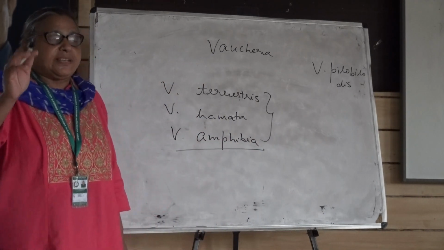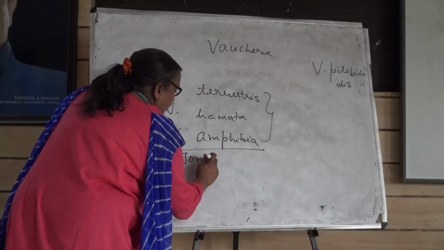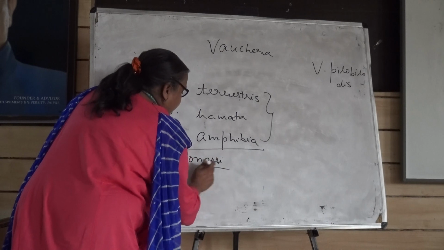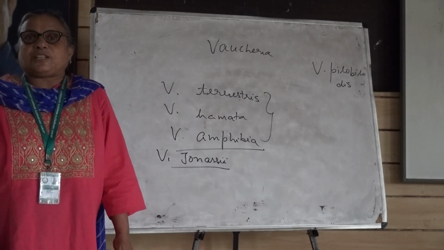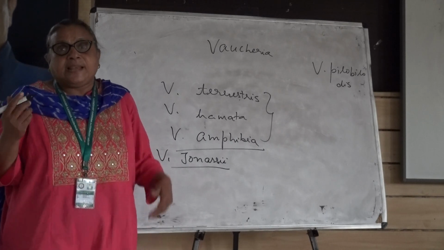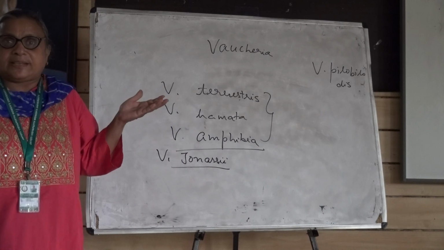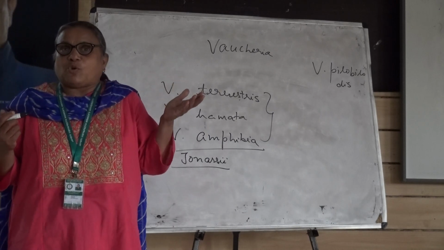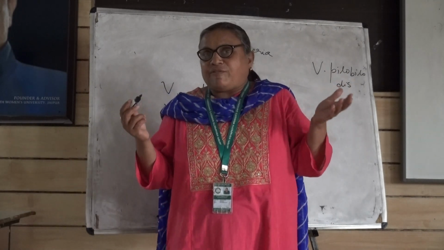The next species is Vaucharia jonesii, which is found on snow-covered surfaces and was reported by Prescott.